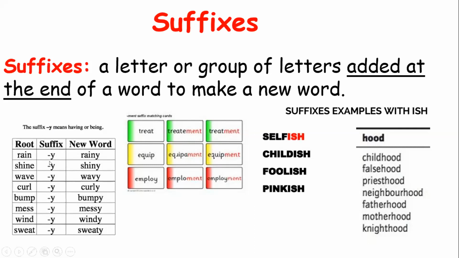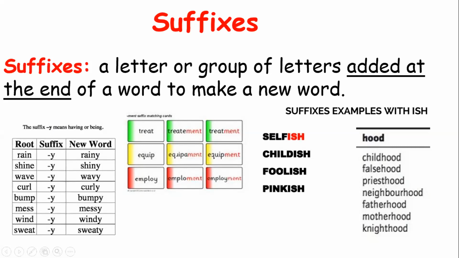If we add Y to it, it will be rainy. Rainy is a new word. Shine with a Y, shiny. Wave, wavy. Curl, curly. Bump, bumpy. Mess, messy. Wind, windy. Sweat, sweaty.